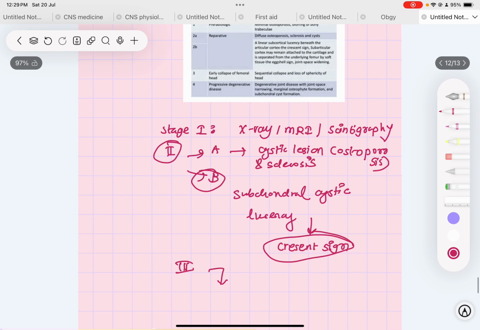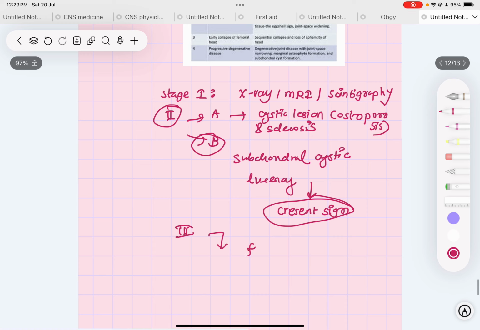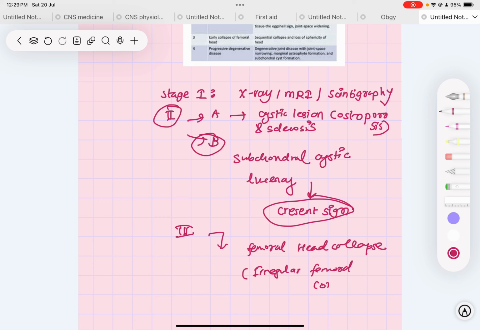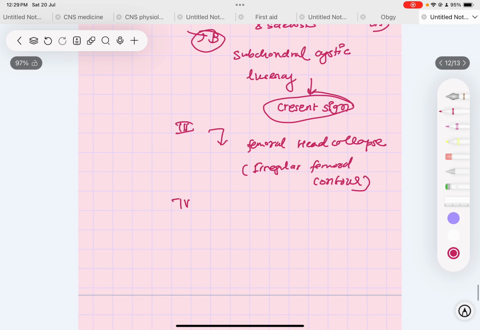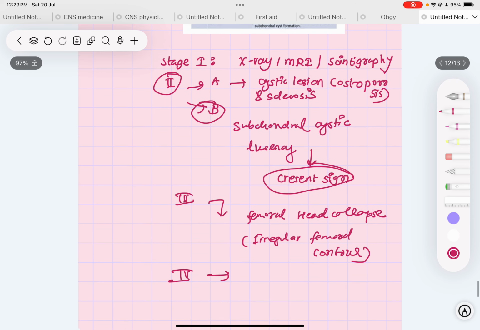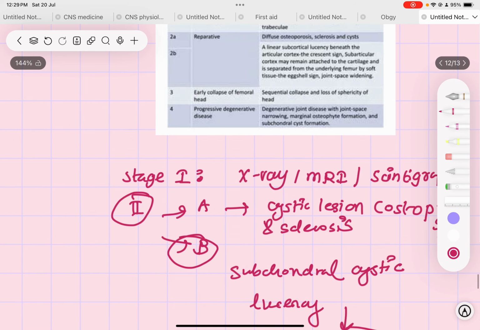Stage 3, when femoral head collapse will happen, so an irregular femoral contour will be there. And in stage 4, there will be total femoral head collapse and all other complications like acetabular involvement and articular destruction.